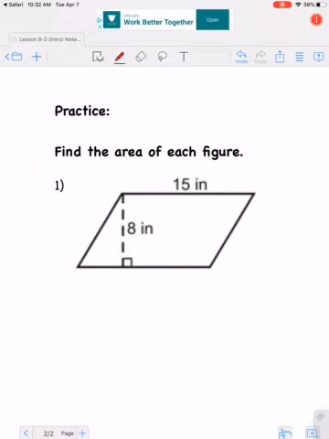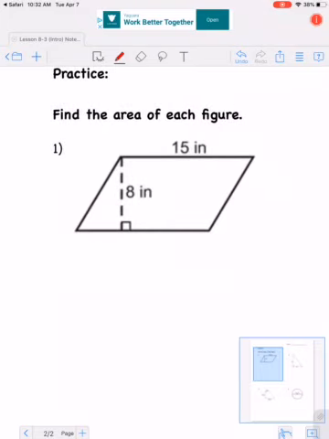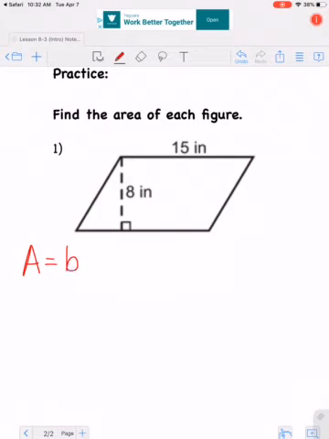Using the formulas from the front for a parallelogram, remember our formula is base times height is equal to our area. We have our base of 15 because opposite sides in a parallelogram are equal, so this bottom would also be 15 inches. And our height is 8.